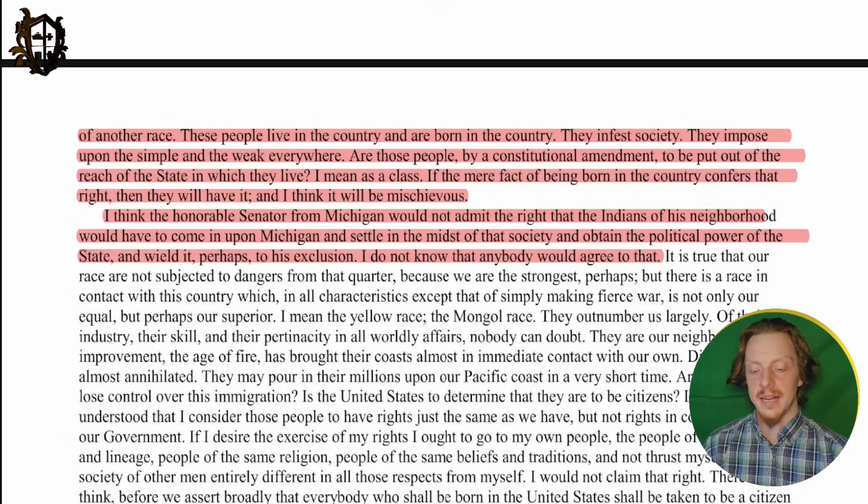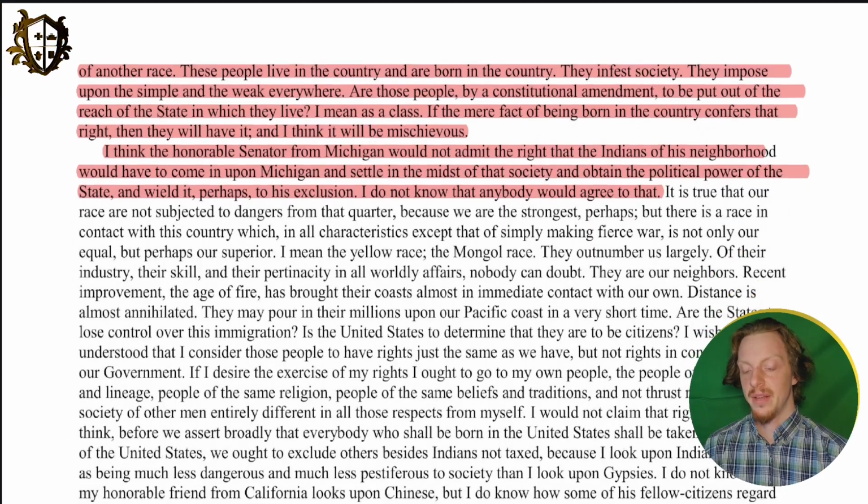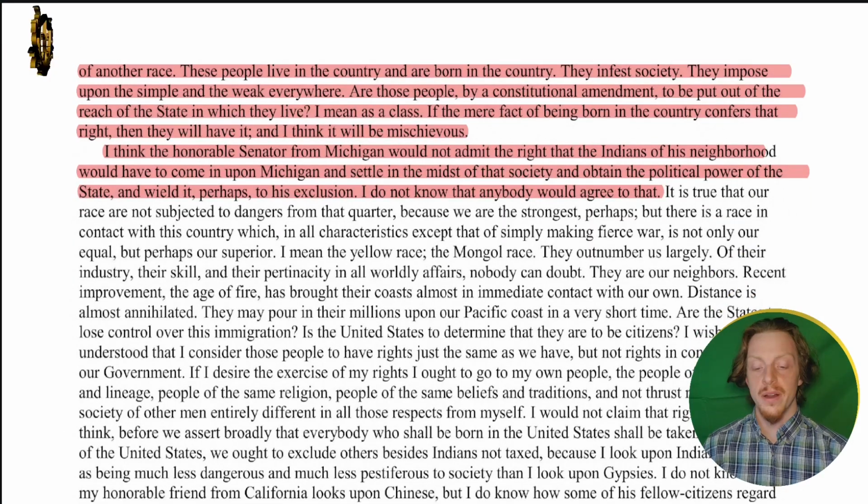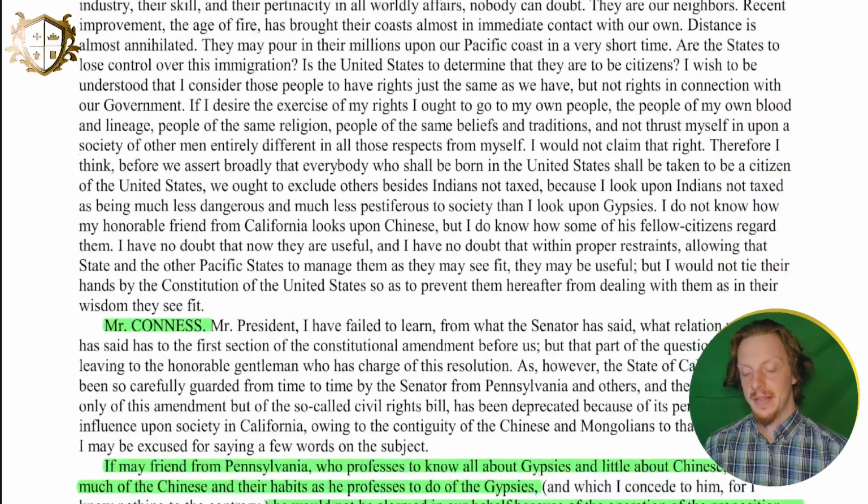I mean as a class. If the mere fact of being born in the country confers that right, then they will have it. And I think it will be mischievous. I think the honorable senator from Michigan would not admit the right that the Indians of his neighborhood would have to come in upon Michigan and settle in the midst of that society and obtain the political power of that state and wield it perhaps to his exclusion. I do not know that anybody would agree to that.